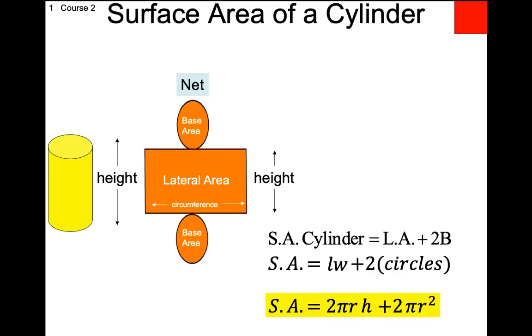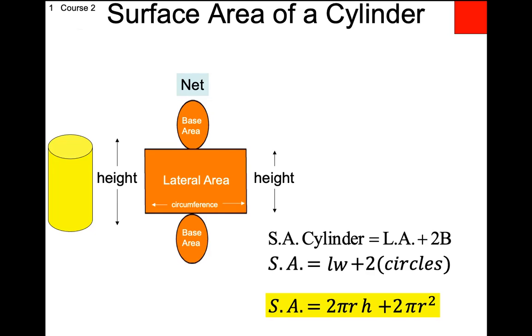Write it down. Box 1, surface area. SA stands for surface area. 2 pi r h. You could do pi d if you wanted to. Oh, I'm sorry, if you're using pi d, then it's not 2 pi d, it's pi d h. I've never actually seen any math book that uses that formula.